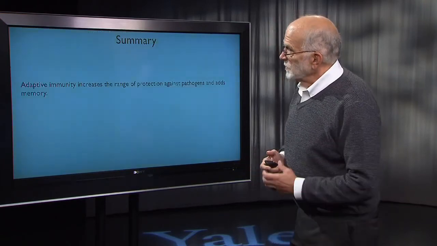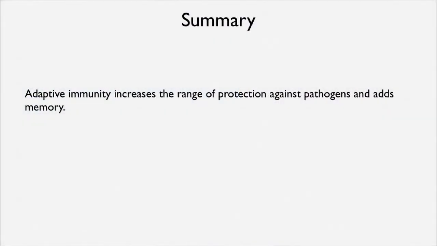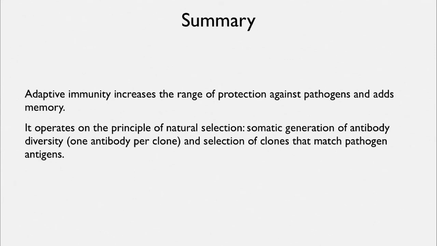So to summarize, adaptive immunity greatly increases the range of protection against pathogens, and it adds memory. So it can deal with things that have never existed before, that are newly evolved, because it's producing such a huge array of possible combinations. It operates on the principle of natural selection.